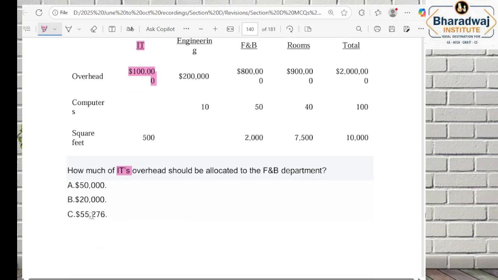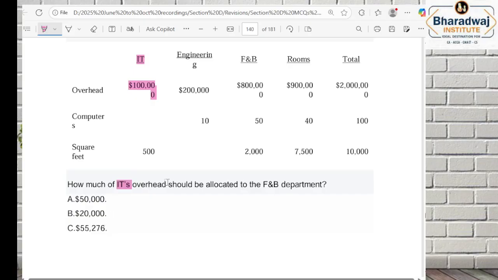So form the equation and solve. You get the value of IT. That into 50%. Substitute and get the value of IT. That into 50%. You should get 55,276.